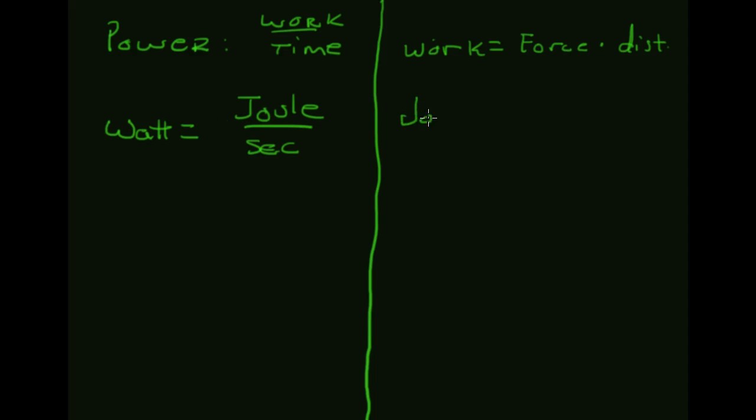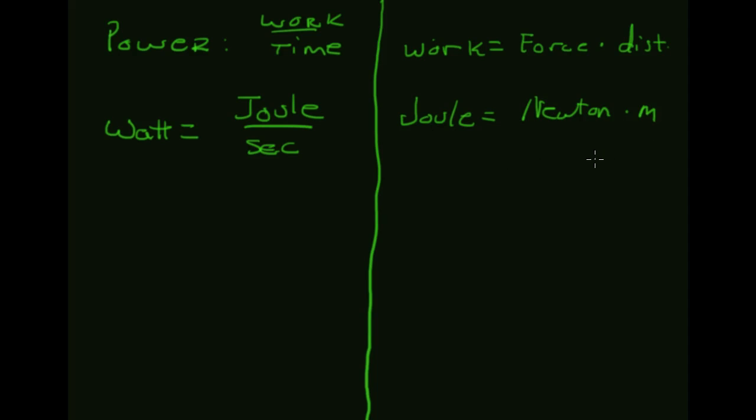So we say that a joule is force, which in the metric system we measure in newtons, times meters. The N here stands for Newton. So let me just write it out. It's newtons times meters. Now, the meter, again, is a basic unit.